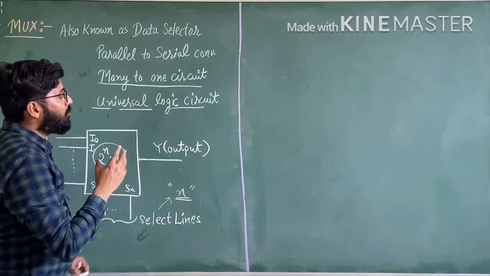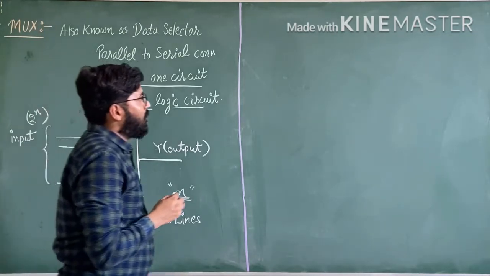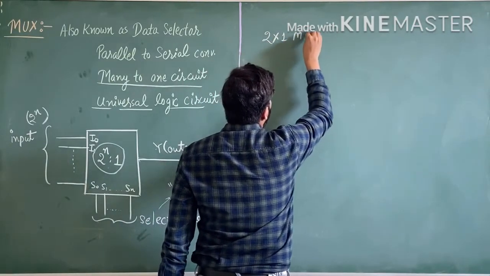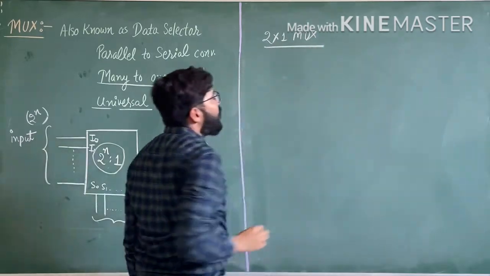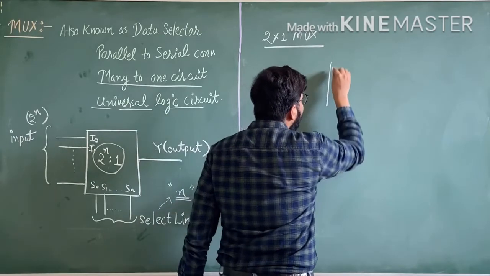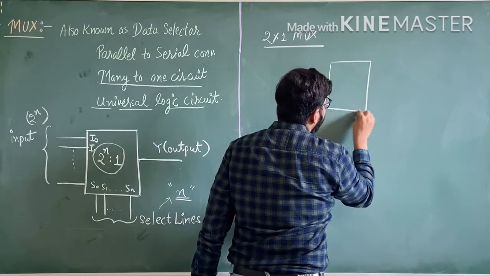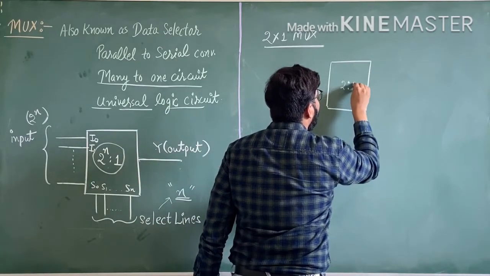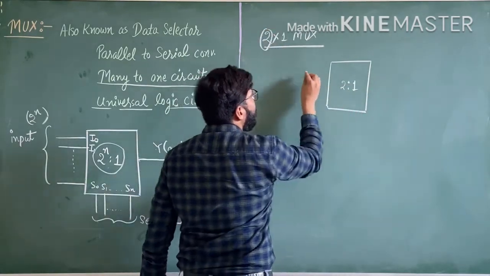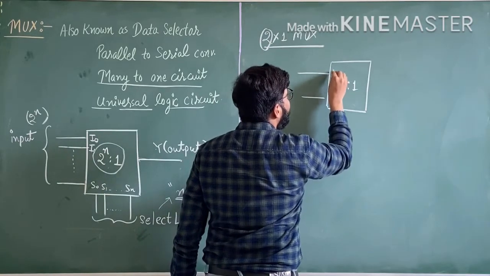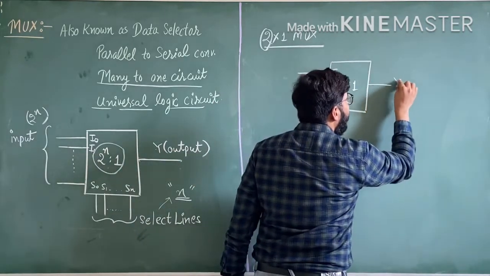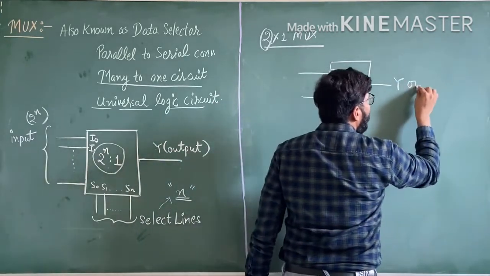Now we have to design a basic multiplexer, that is the 2 cross 1 MUX. Suppose this is the 2 to 1 MUX. We have two inputs, I0 and I1, and one output.